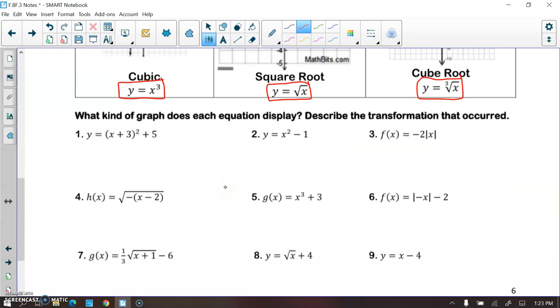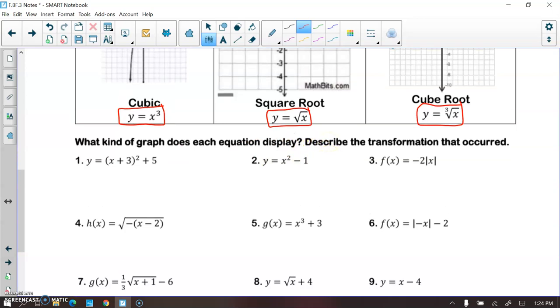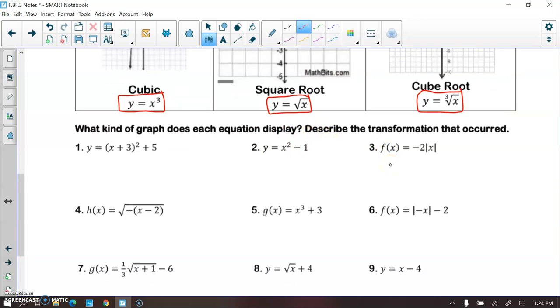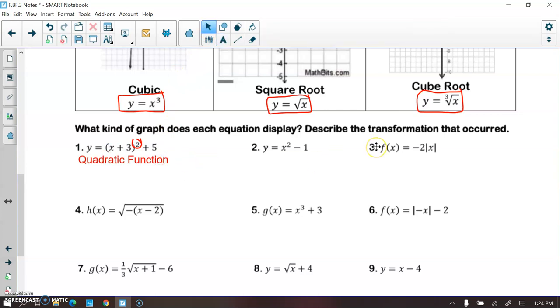So for numbers 1 through 9, it says what kind of graph does each equation display, and then describe the transformation that occurred. So for number 1, since you see this squared, that means this is a quadratic function. With that quadratic function, we have a plus 3 on the inside, so that's a horizontal translation left.